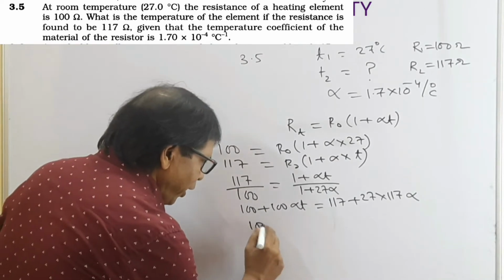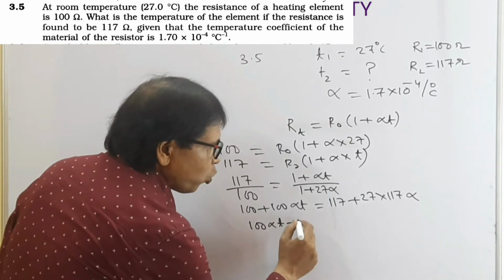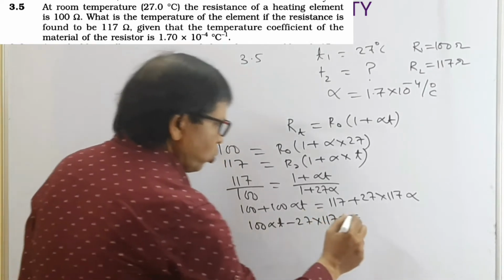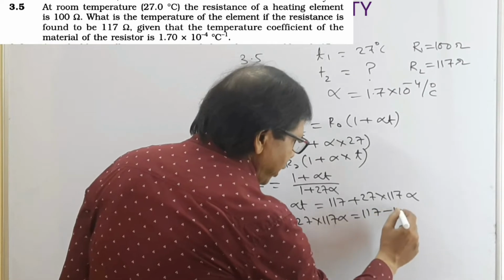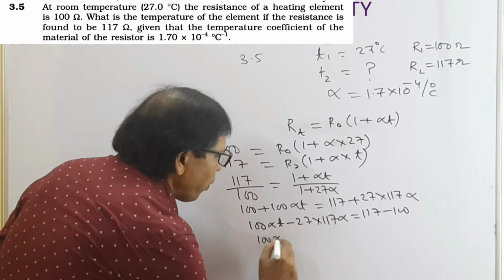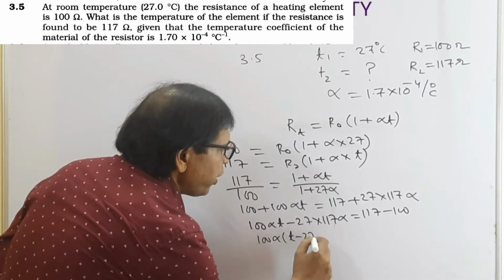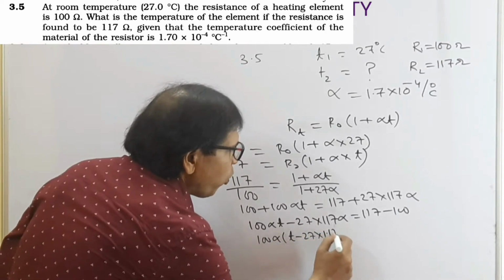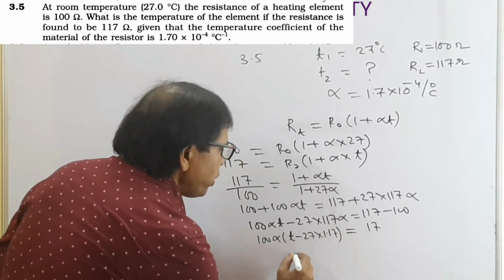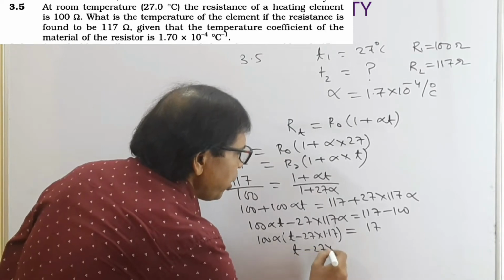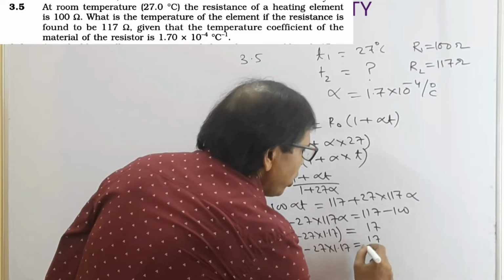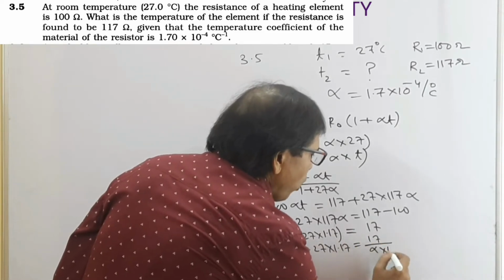This is 100 alpha T minus 27 into 117 alpha, equal to 117 minus 100. So this is 17. Here 100 alpha into T minus 27 into 1.17, equal to 17. Now T minus 27 into 1.17 equals 17 divided by alpha into 100.